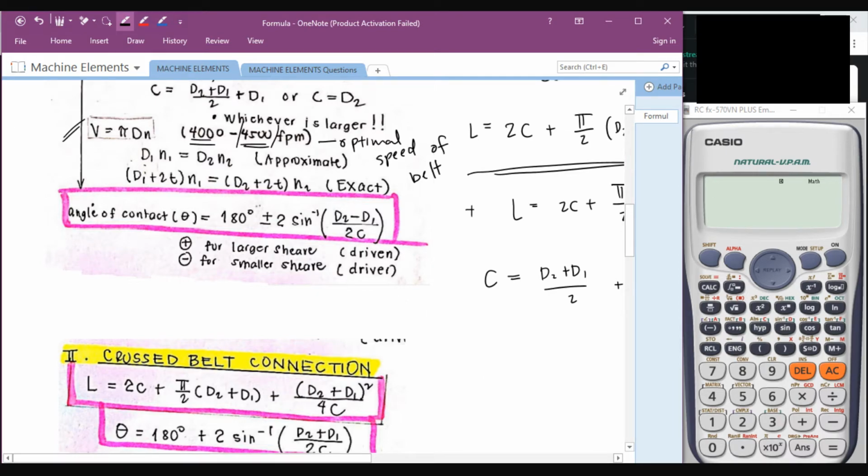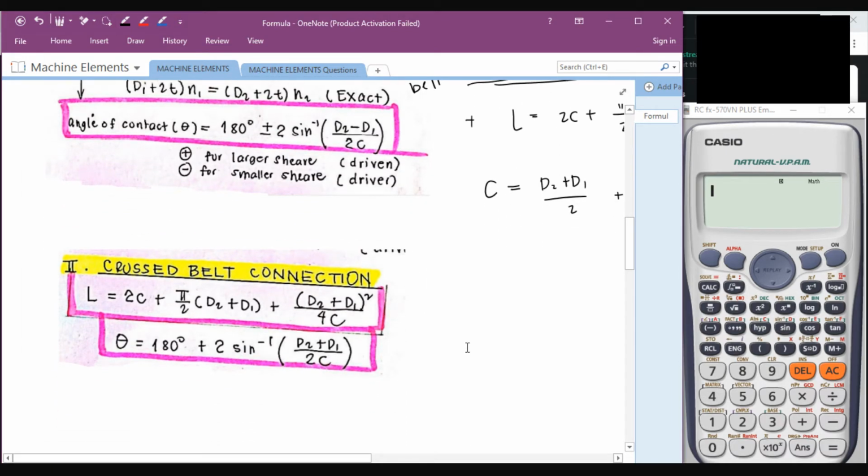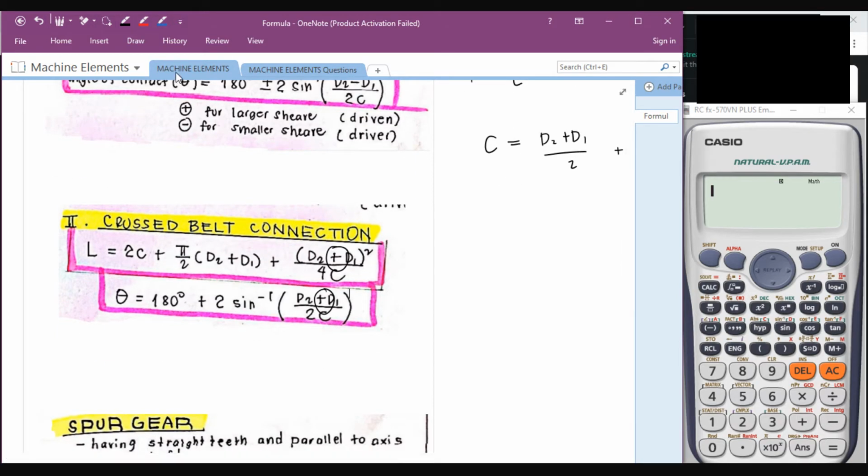Magbabago lang yan, plus if for the larger sheave or the driven pulley, and then for the smaller sheave, ibig sabihin yan, mas maliit yung angle of contact mo. Now, for cross belt connection, ito na nga, binigay ko na. Ano nagbago sa kanya? Cross. Ayan lang. Okay?